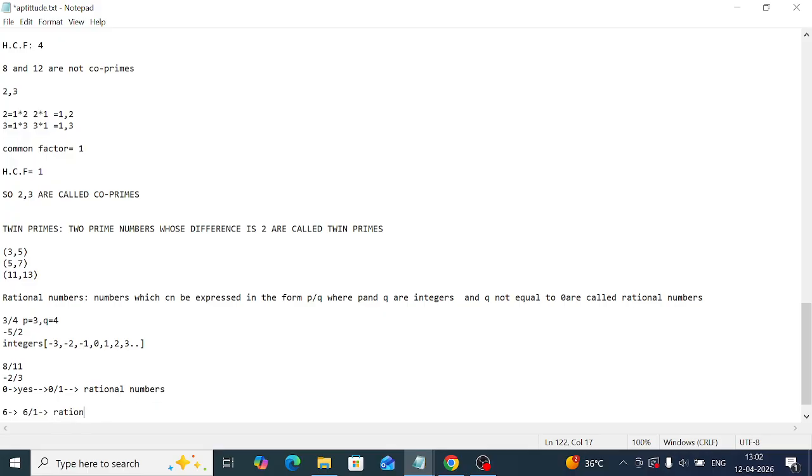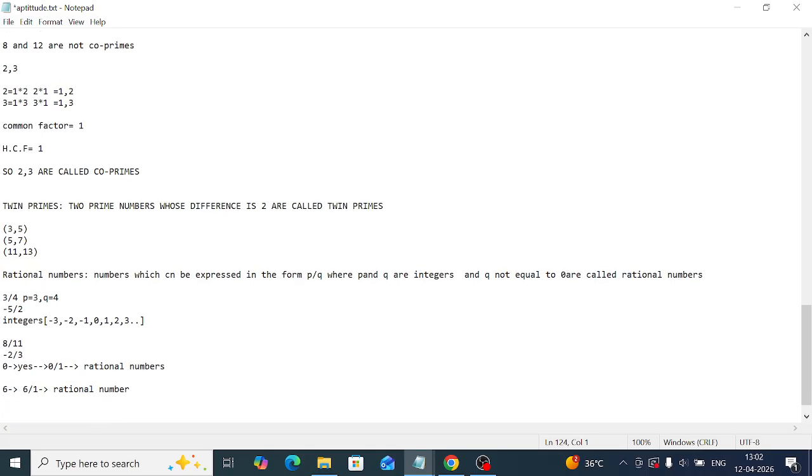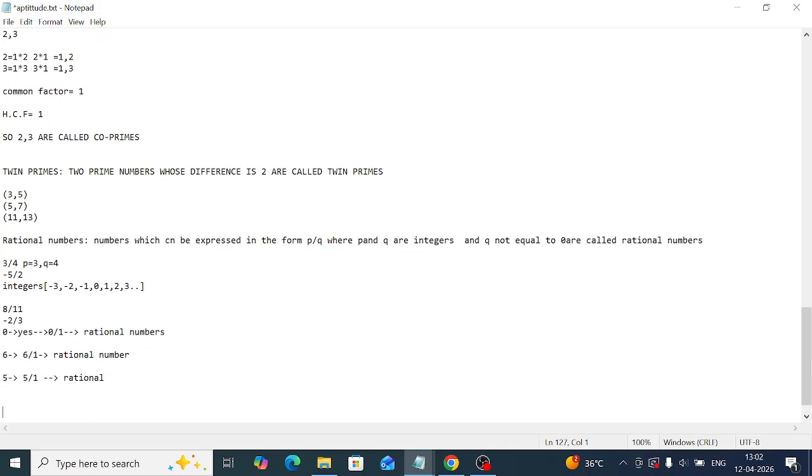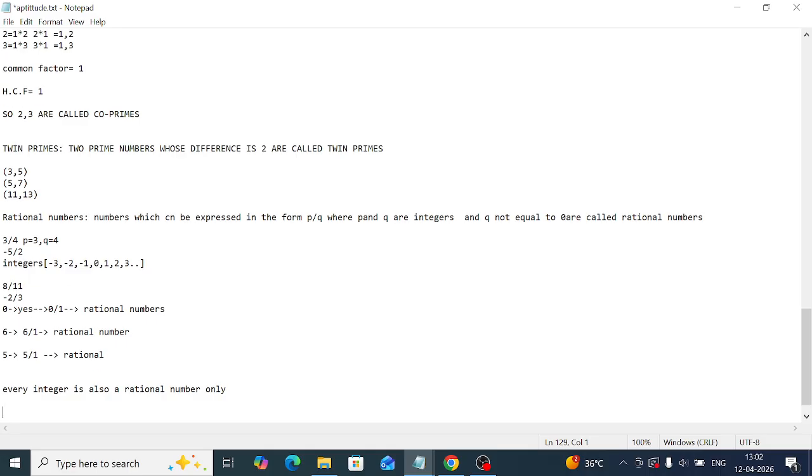Okay, next, 5 is also a rational number only. If the q value is not given, it means 5 by 1, which is 5 only. Every integer is also a rational number only.